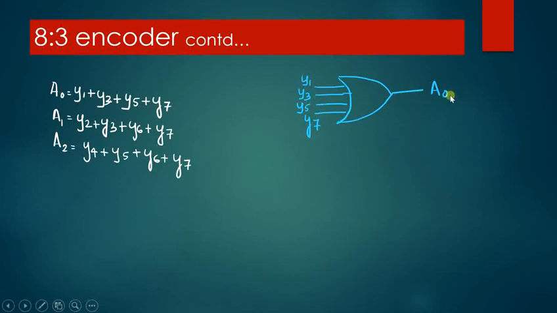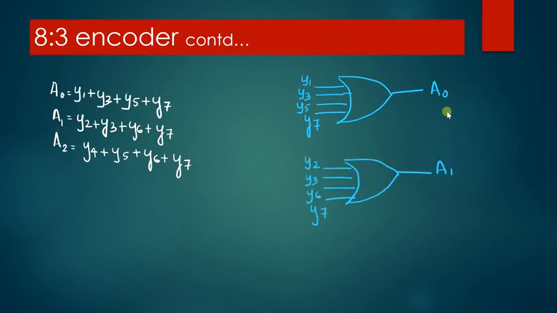Just an OR gate is required to represent the output. In a similar manner, I can represent A1 and A2. So this is how you obtain the expression for the output variables from the truth table that is given for the encoder, and you can obtain the logic diagram.